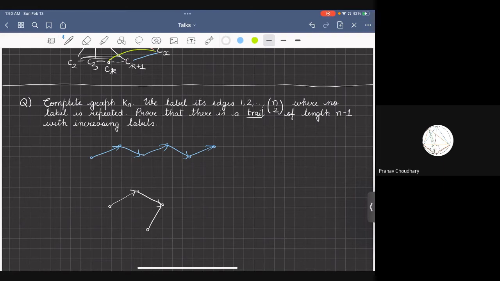I go from here to here, then here, and then here, and then here. So in a path, we cannot repeat vertices. In a trail, we may repeat vertices, but we cannot repeat an edge.